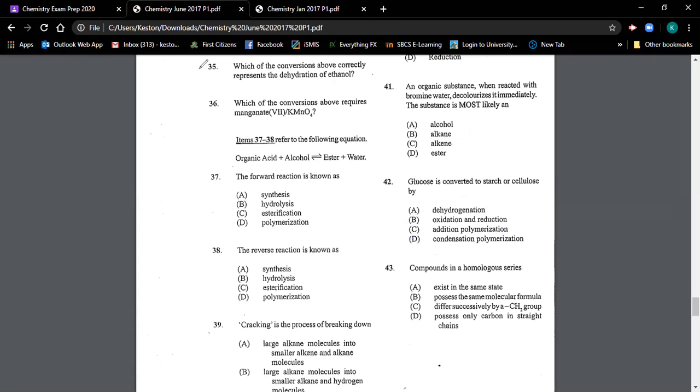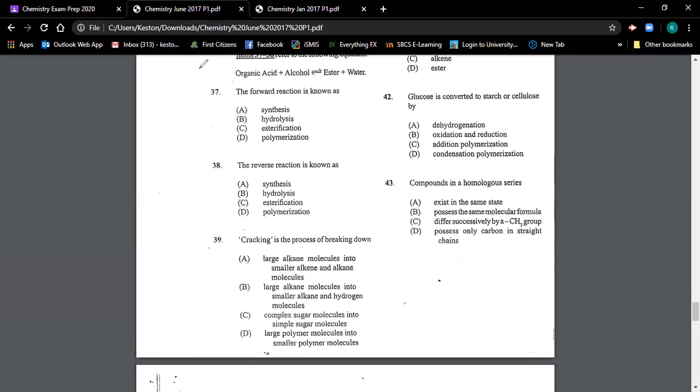For three compounds in a homologous series, they: exist in the same state, possess the same molecular formula, differ successively by CH2 groups, possess only carbons in a straight chain. Same molecular formula, anybody else?